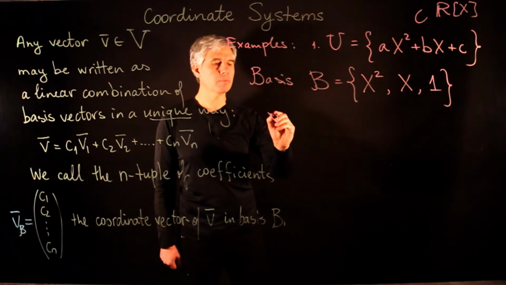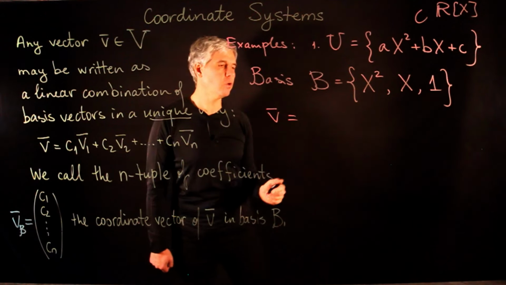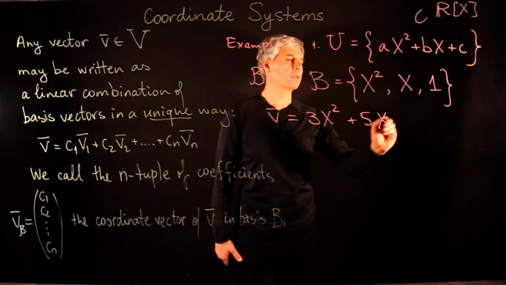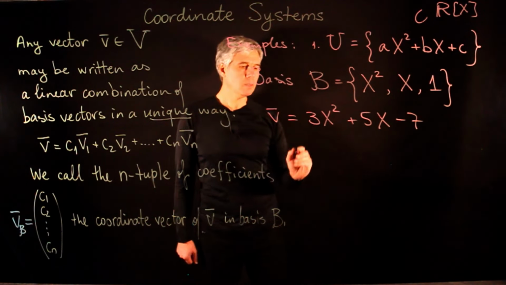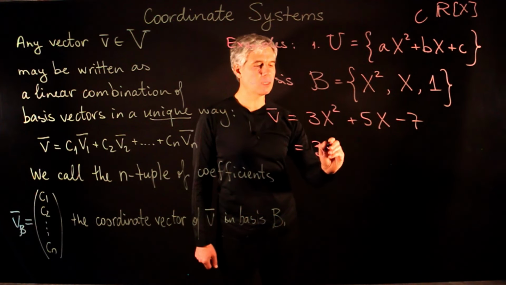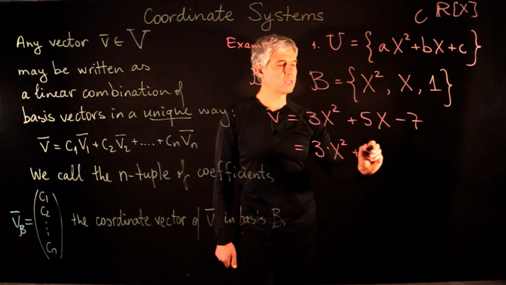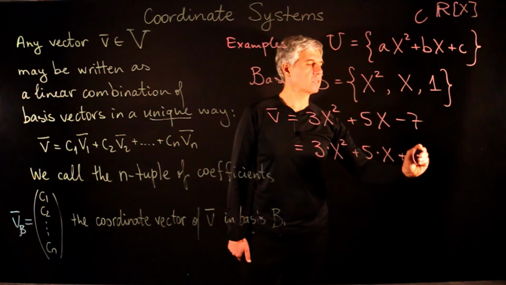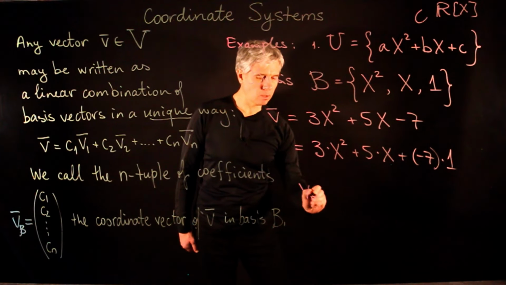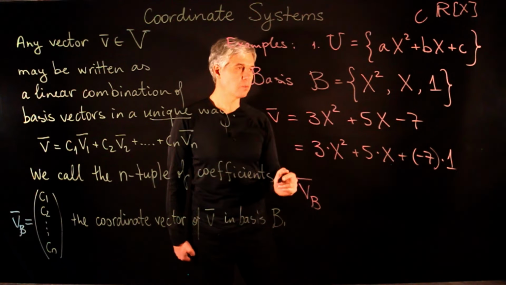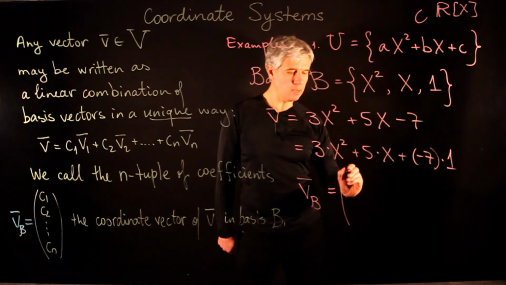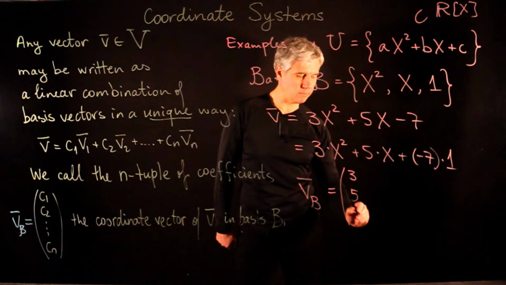And let's consider a vector in this space, which is a polynomial 3x squared plus 5x minus 7. Then we view this as a linear combination of basis vectors. So this is 3 times x squared plus 5 times x plus negative 7 times 1. Then the coordinates of this vector with respect to the given basis will be a column vector 3, 5, negative 7.